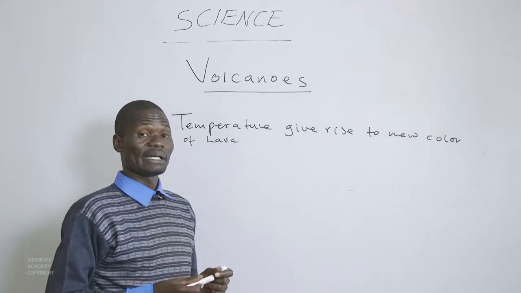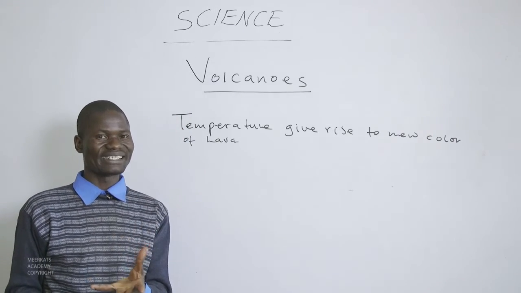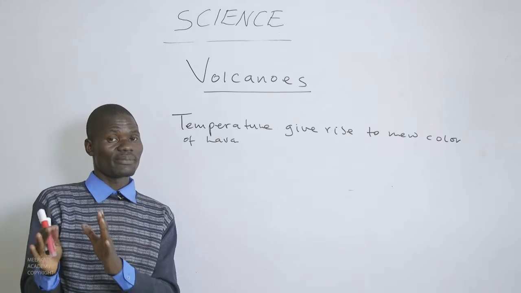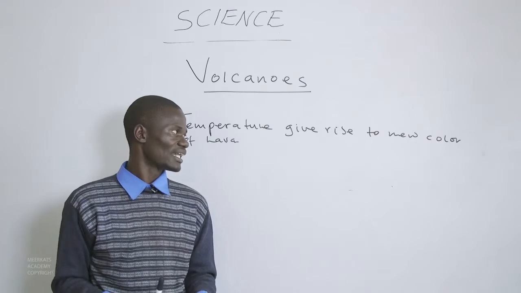As much as we understand that lava is basically black in its original point, there are some ranges of temperatures at which magma may turn into a different color.